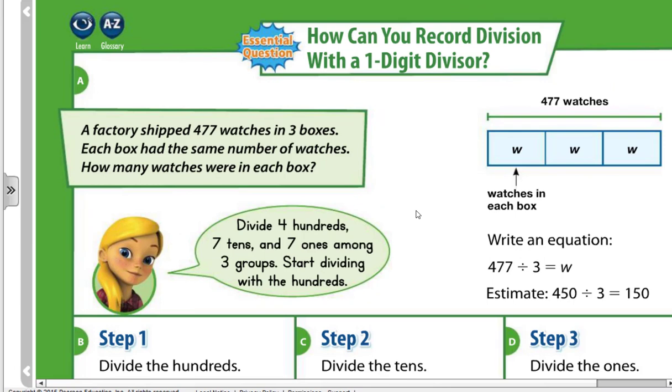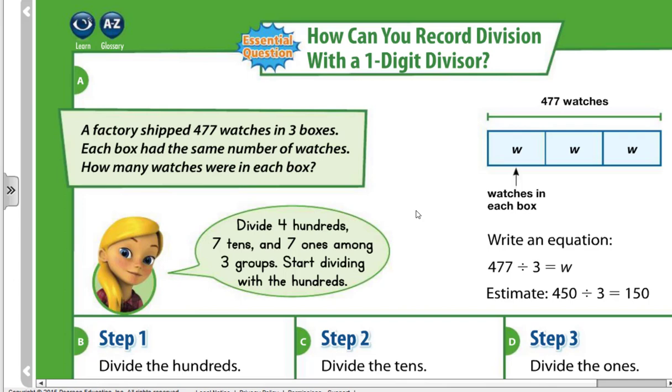Okay, my heroes, now open your books, page 296. In this question, a factory shipped 477 watches in 3 boxes. Each box had the same number of watches.